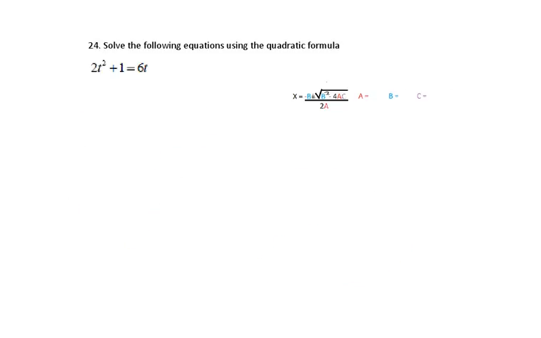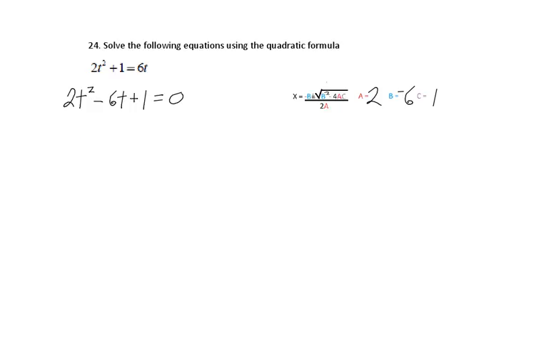Okay, 24. The 6t is going to have to move. So it's going to become 2t squared minus 6t plus 1 equals 0. So a is 2, b is negative 6, c is 1. Let's put this in.